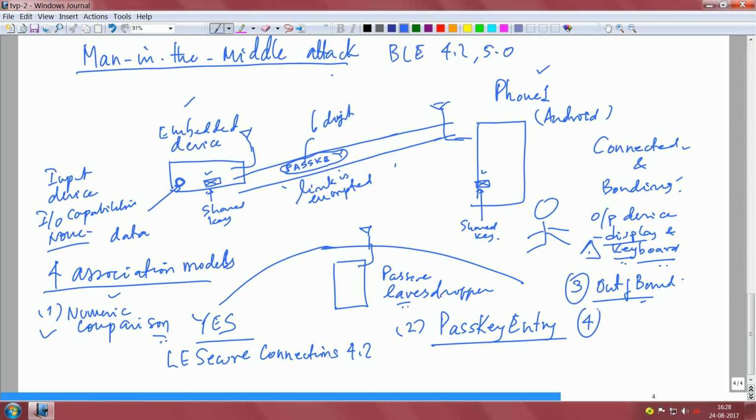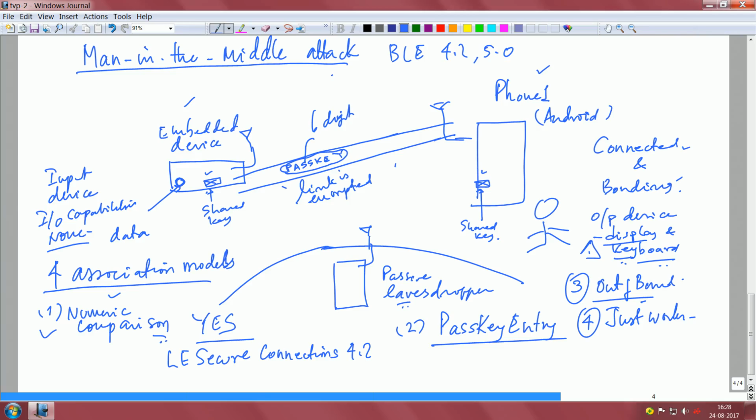Fourth way is called just works. It is called just works, quite exciting. This association model is used either when MITM protection is not needed or when devices have very limited IO capabilities.